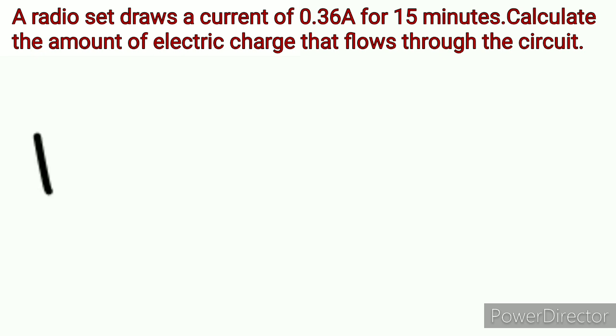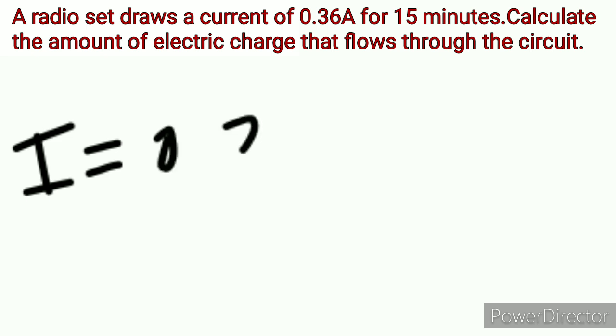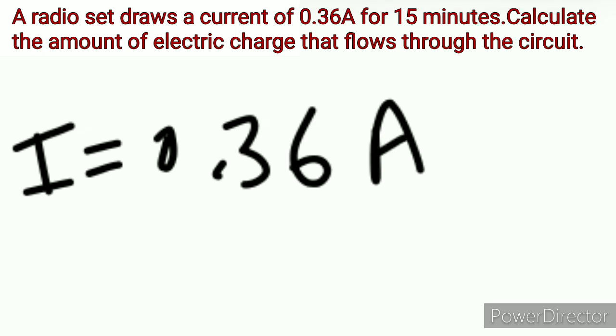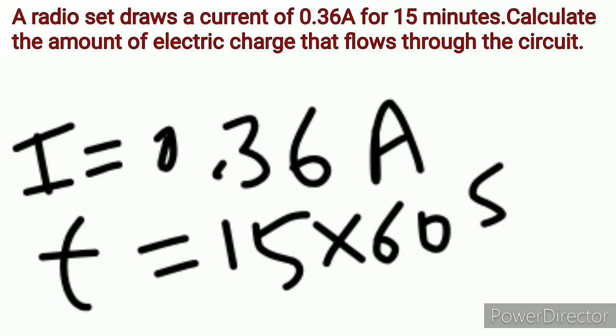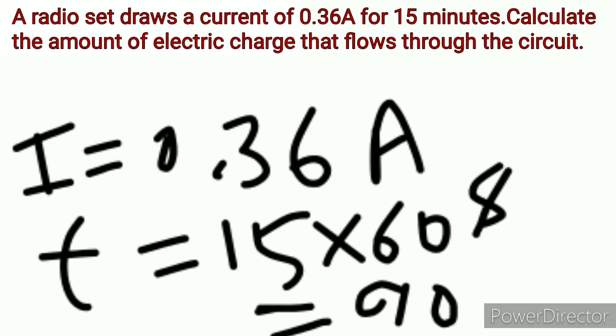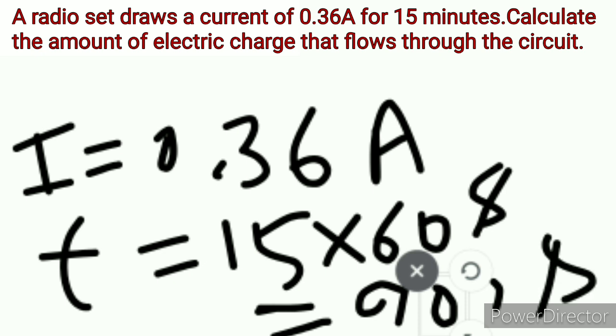I equals 0.36 ampere, and the time is 15 minutes. We change it into seconds by multiplying by 60: 15 times 60 gives 900 seconds.